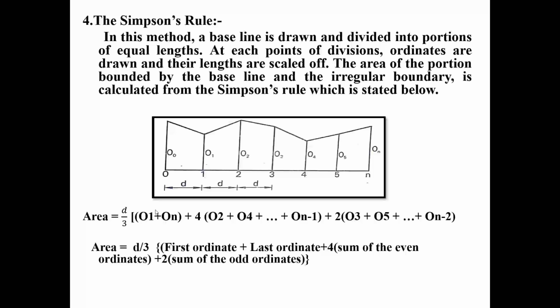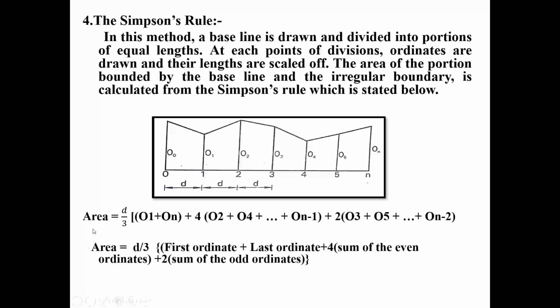The area is equal to the sum of the first and last ordinates, plus 4 times the sum of the even intermediate ordinates, plus twice the sum of the odd ordinates, and the whole multiplied by one-third of the common distance between the ordinates. This is the statement of Simpson's rule.